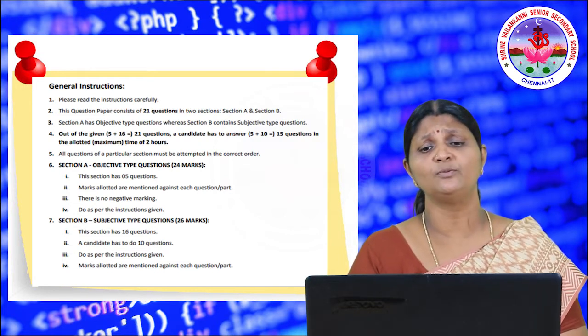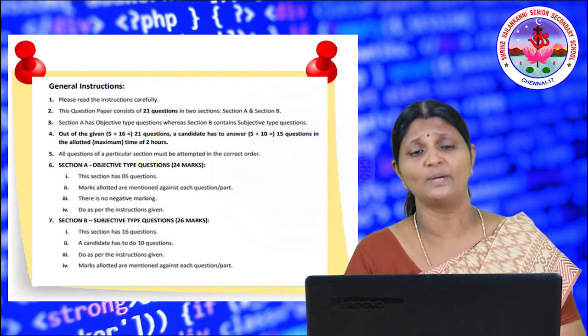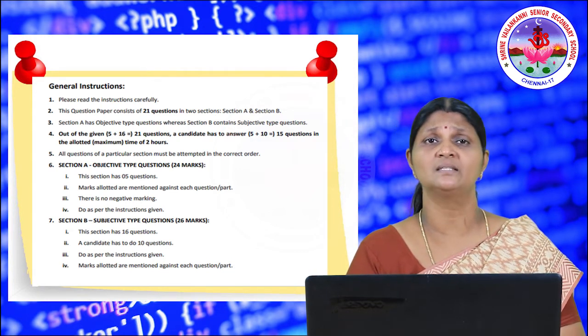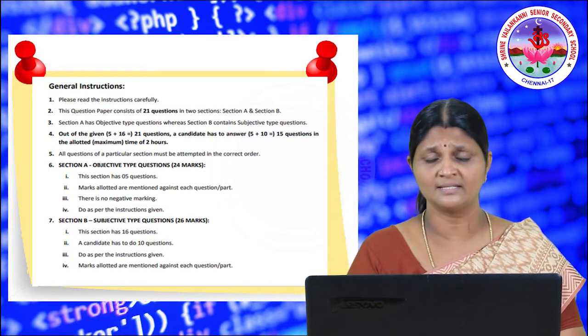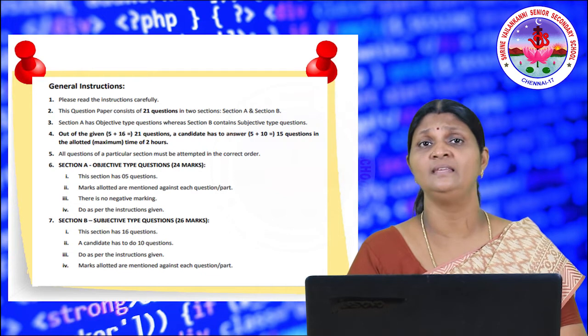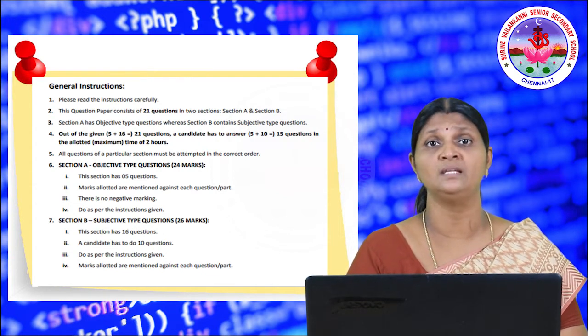Out of the given 21 questions, a candidate has to answer 15 questions in the allotted maximum time of 2 hours. All questions of a particular section must be attended in the correct order with the correct question number. That is very important.